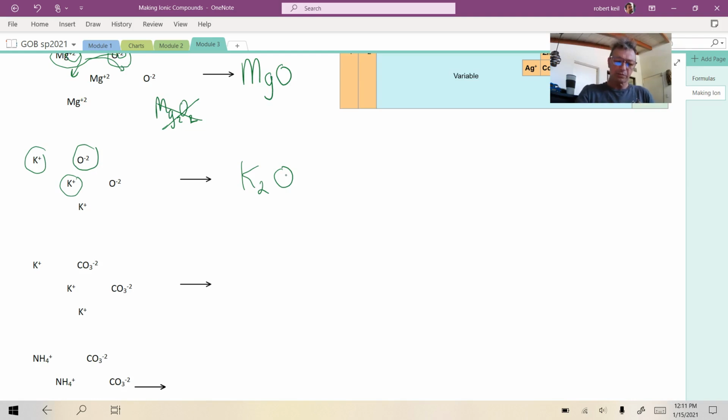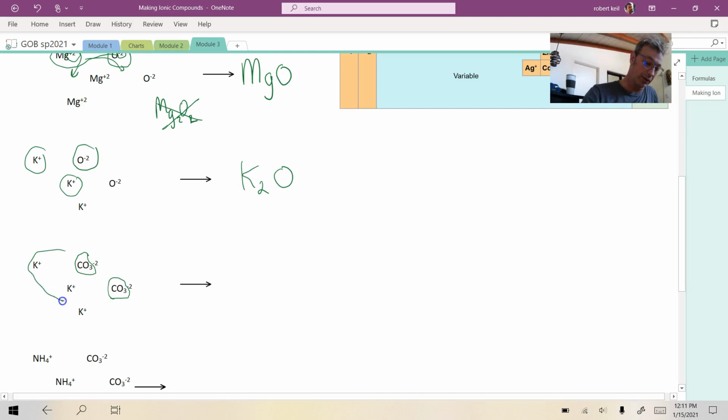The next one, though, sometimes causes a little trouble because you'll see there's a lump, or a polyatomic ion, a family, a group, whatever you want to call it. So I have a CO3 group, and that entire thing that I've circled in green is -2. So he's going to have to combine with a couple Ks to give you potassium carbonate, K2CO3.